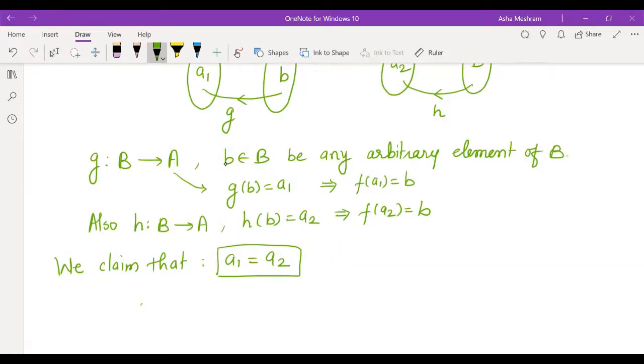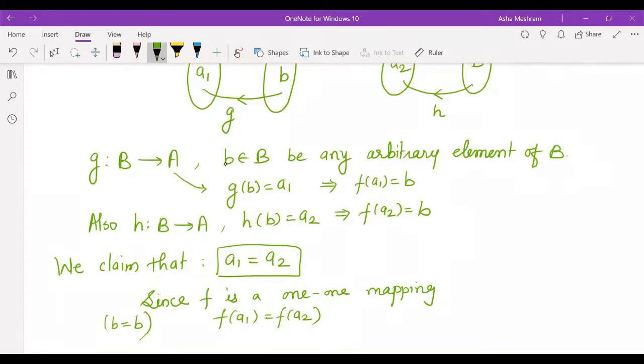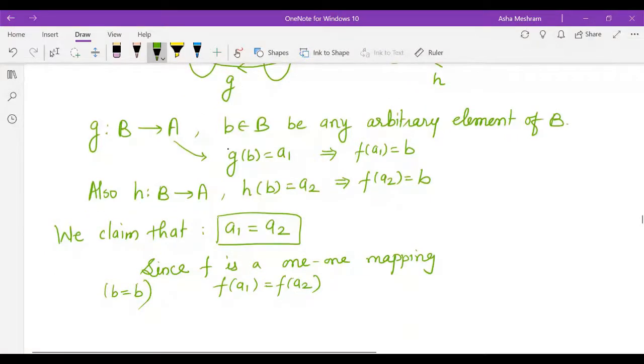So now, since F is a 1-1 mapping, and this F of a1 equals F of a2, because b equals b, and F is a 1-1 mapping, therefore, using the definition of 1-1, we can get a1 is equal to a2.